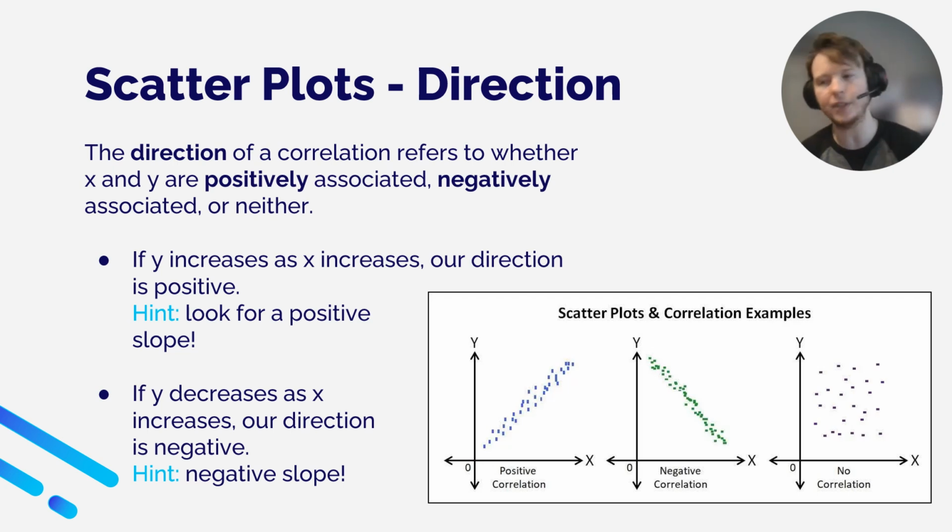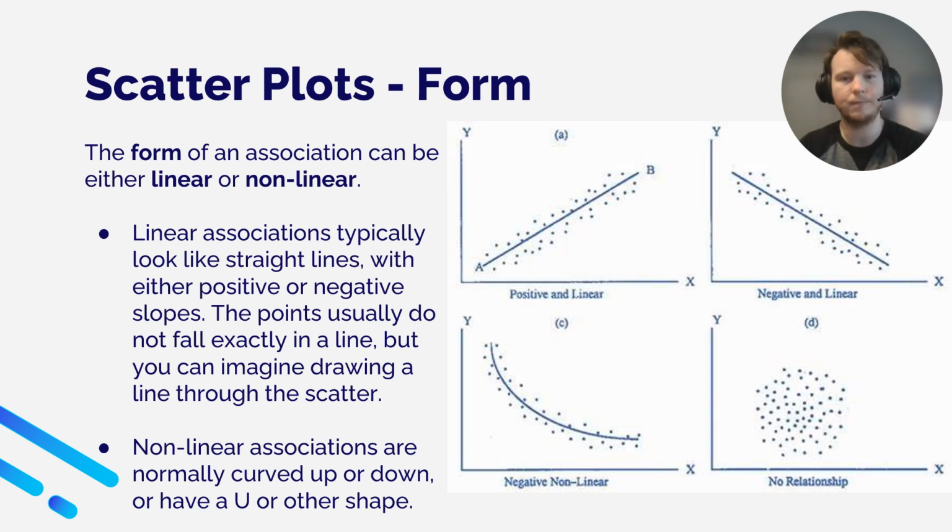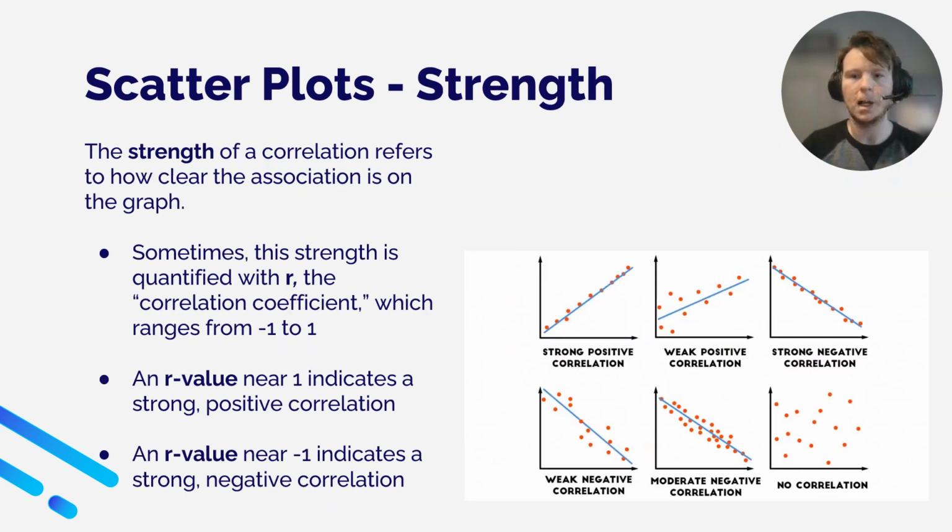So we dive into a couple of these concepts in slightly more detail, going over first direction, meaning positive association, negative association, or neither. We talk about form, either linear or nonlinear.